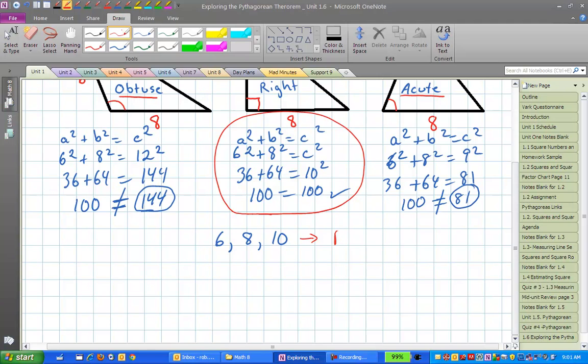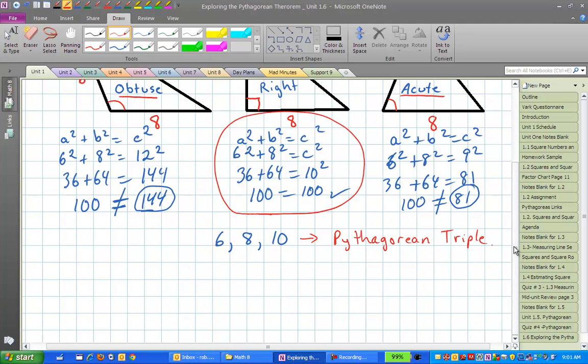These three numbers make up what's known as a Pythagorean triple. Basically, that says that when you apply the Pythagorean theorem to those three numbers, the two smaller numbers squared and added together equal the square of the larger number.